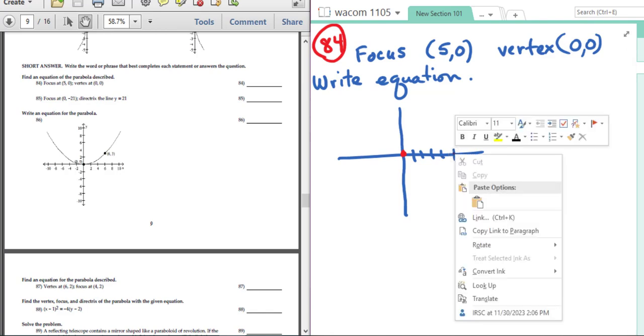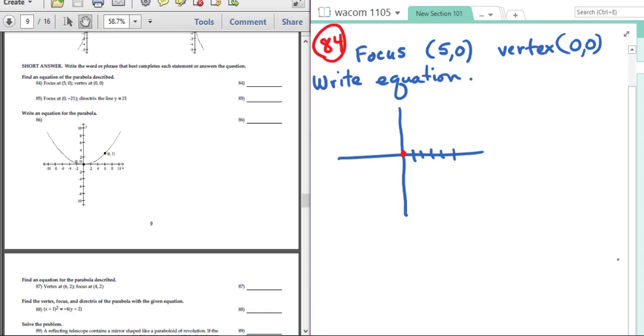All right, and sorry when I pushed down too hard on the screen. All right, with a parabola, that focus is inside the parabola. So, and it's lined up horizontally, so this is going to be a horizontal parabola. It's going to look like that. So you need to know that to get started with your formula.